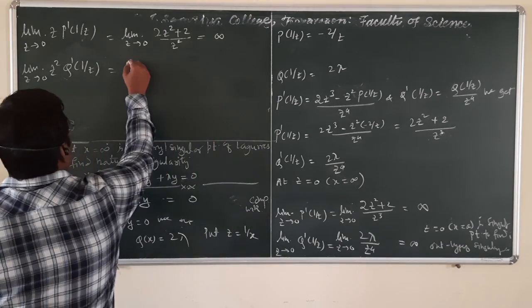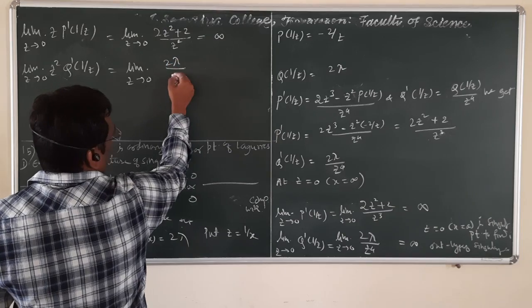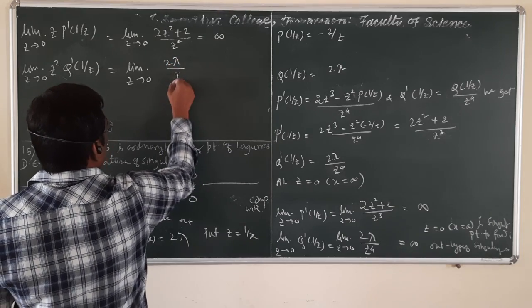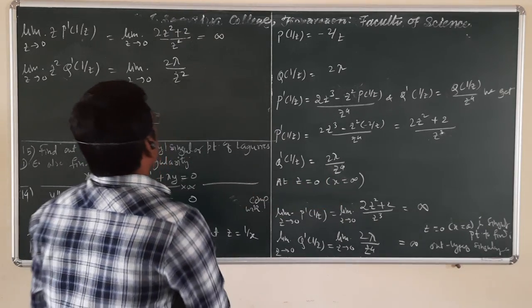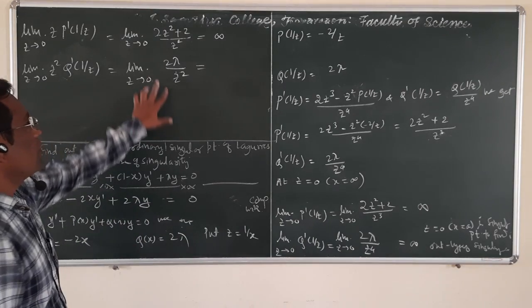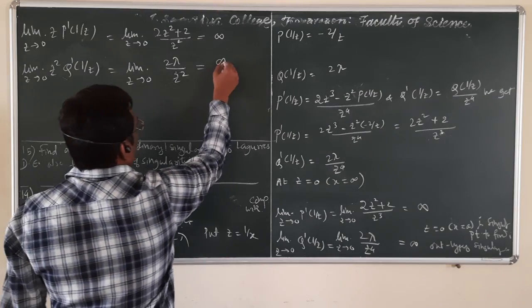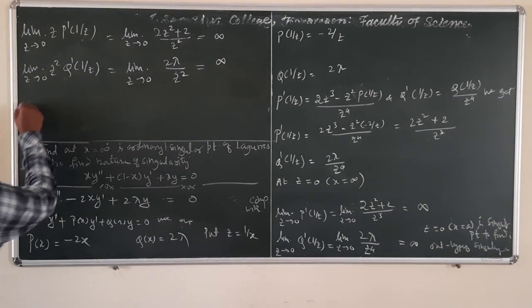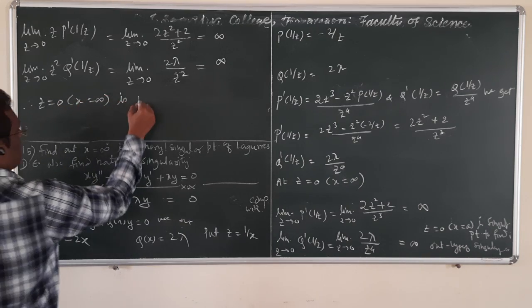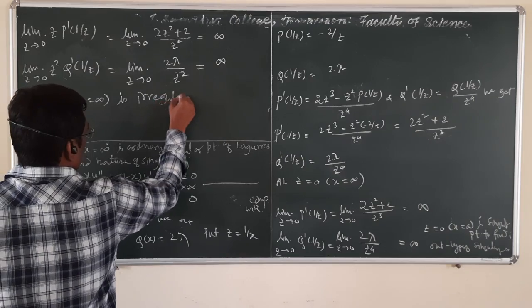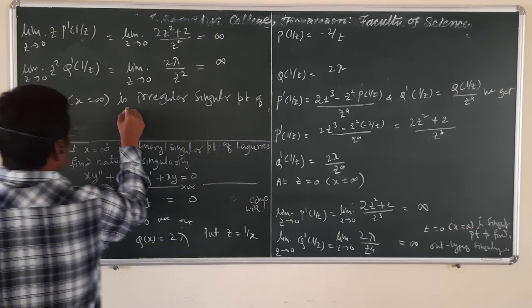So that will become limit as z tends to 0, 2 lambda divided by z square, because this z raised to 4 will reduce to square. Now if you put value of z is equal to 0, so 2 lambda divided by 0, this is again infinity. So therefore z is equal to 0 or x is equal to infinity is irregular singular point of given differential equation.